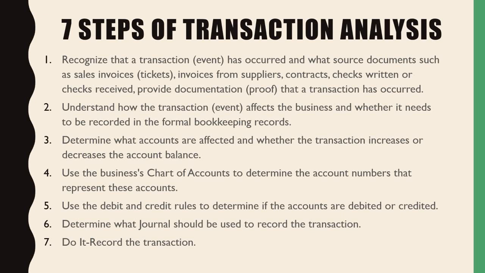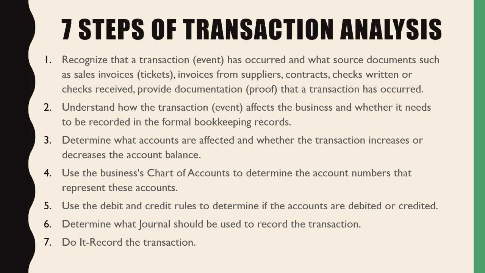Then you're going to understand how that transaction affects the business. So now that we recognize that it has happened, and we have proof that it happened, second is, how does it affect your business? Did I spend money to buy something? And if I bought something, what did I buy? Is it something that I purchased for the business as an expense? Or is it something I purchased for the business as acquiring an asset? Did I purchase furniture, which is a fixed asset?